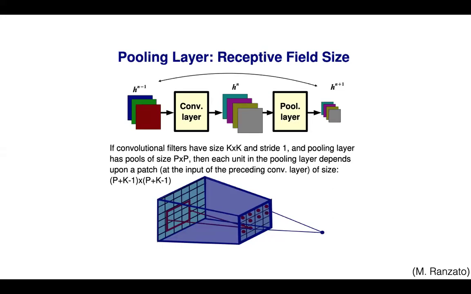And so in the end, we have a receptive field that's global, that belongs to the whole image. But at each intermediate level, we analyze areas of different sizes, right? And this is the purpose of the pooling layer, to create this mechanism, right?